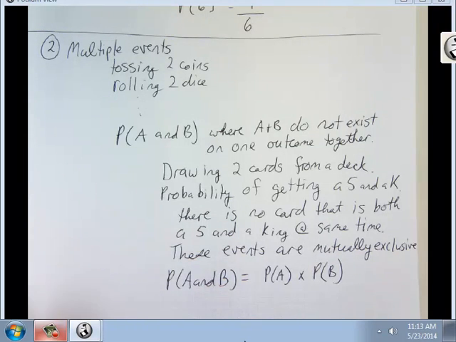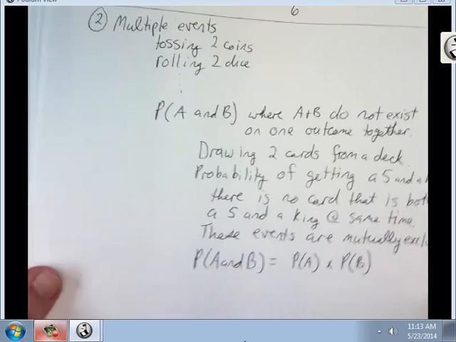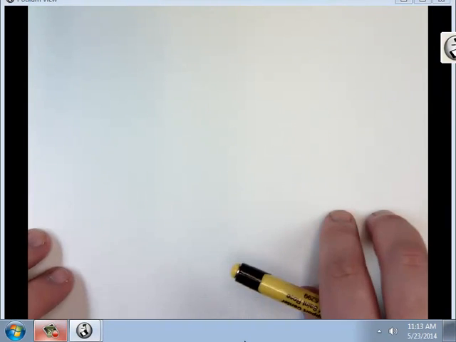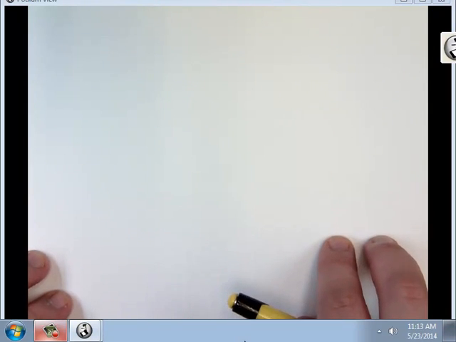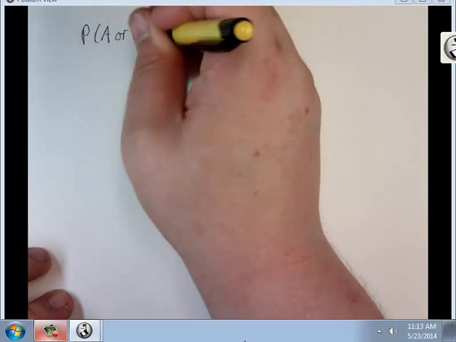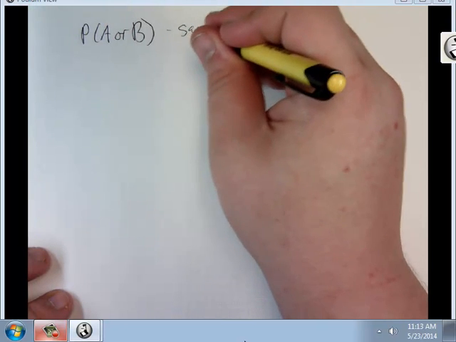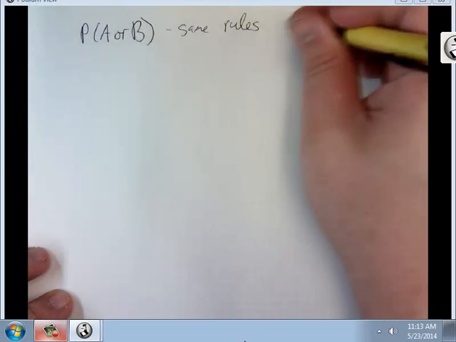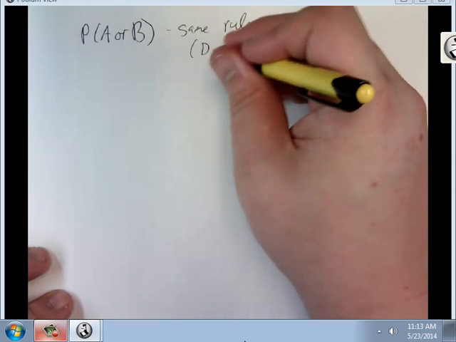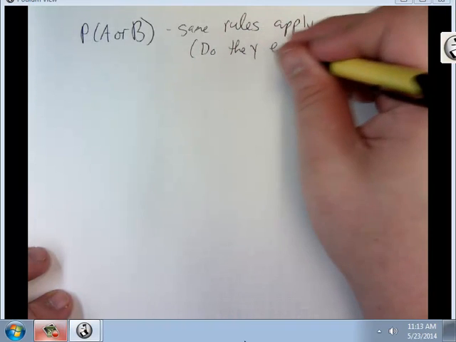But what about probability of A or B? Same rules apply, which means, do they exist together?